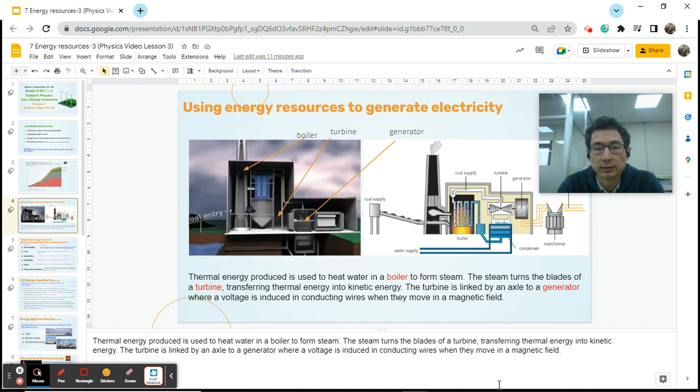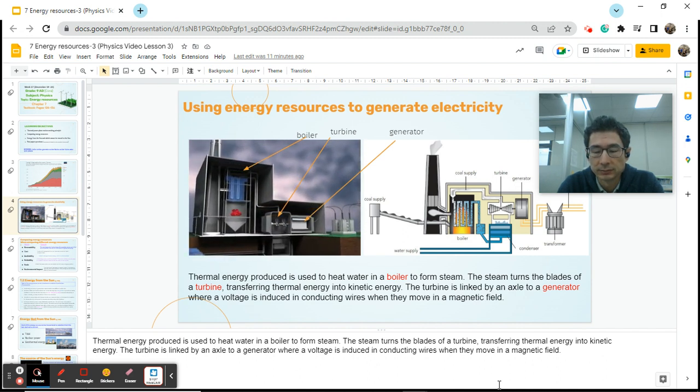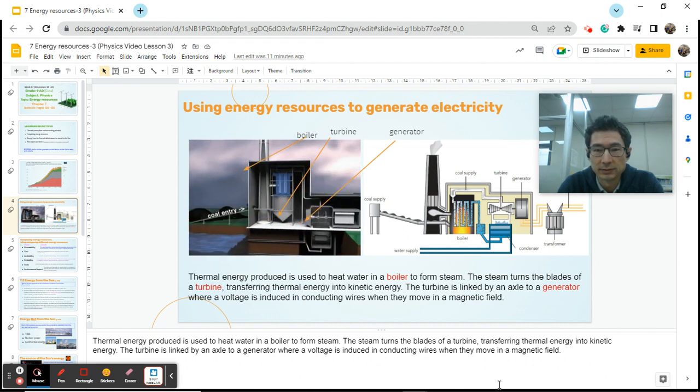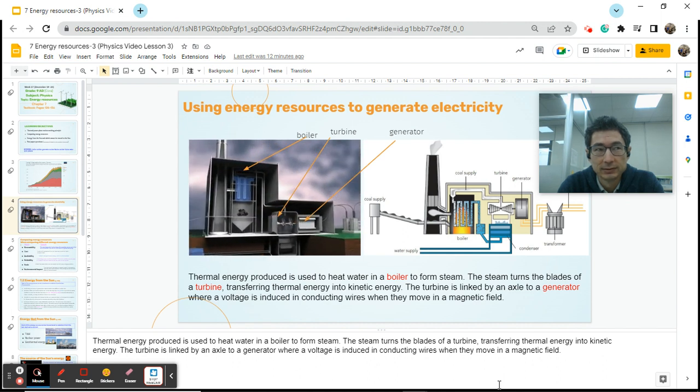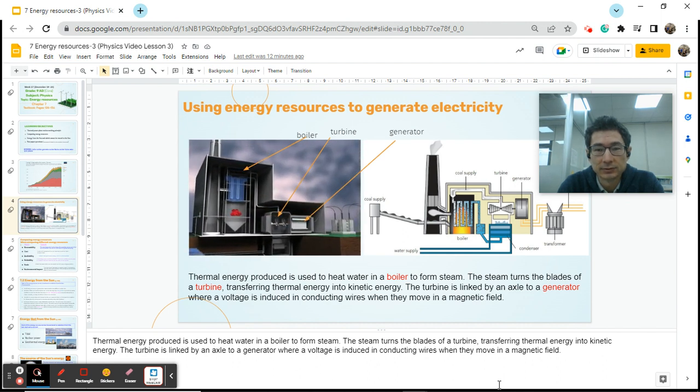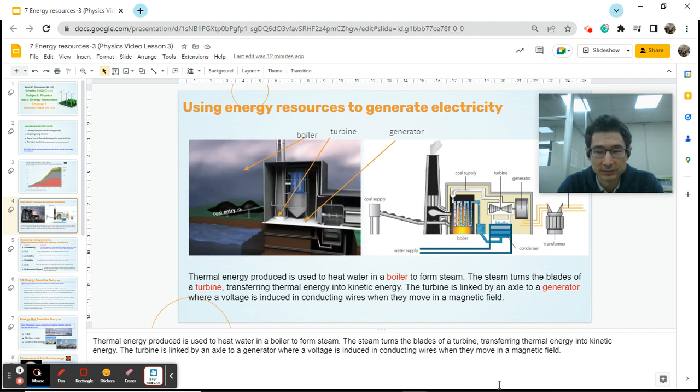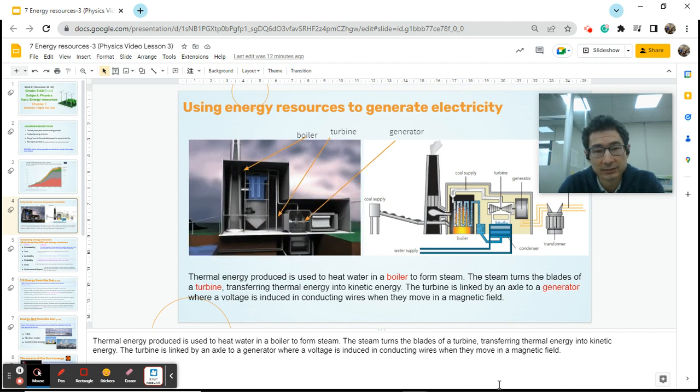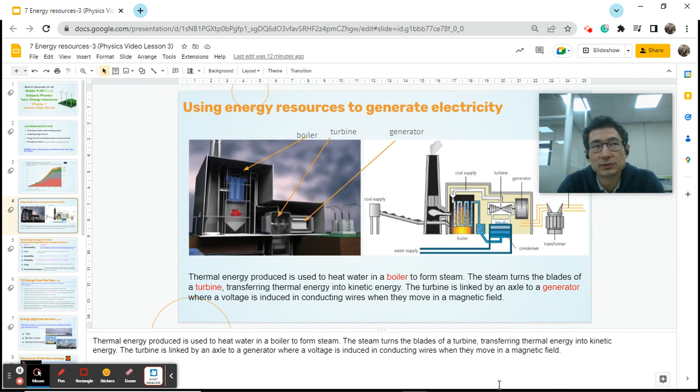The main compartments are the boiler, where you heat the water to form steam, and then the steam turns the turbine with the blades. The turbine is connected to the generator, and when the generator turns, it creates electromagnetism, and electromagnetism induces or drives electric current around a conductor.